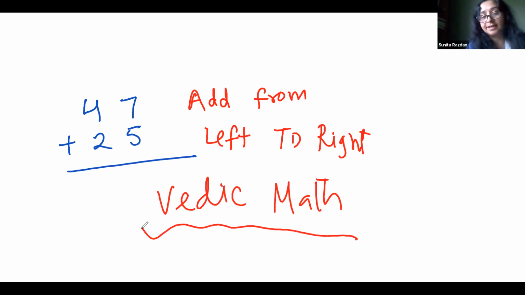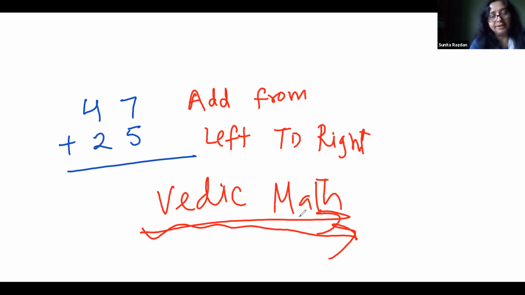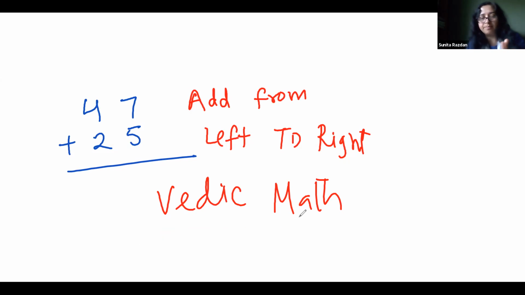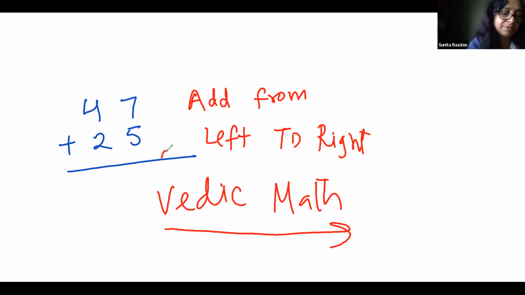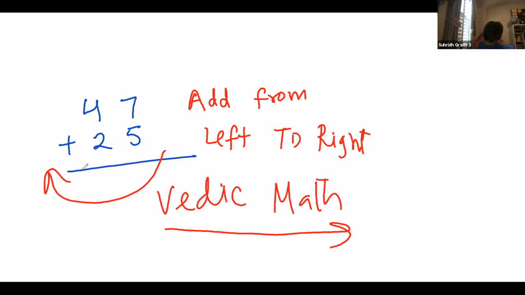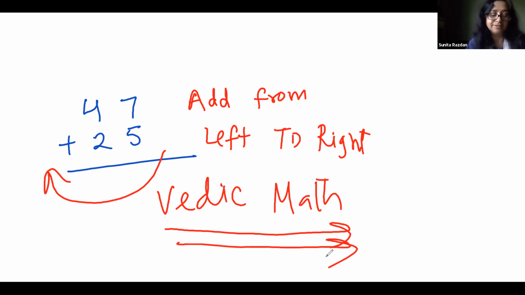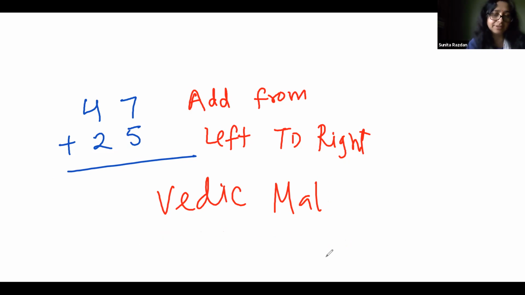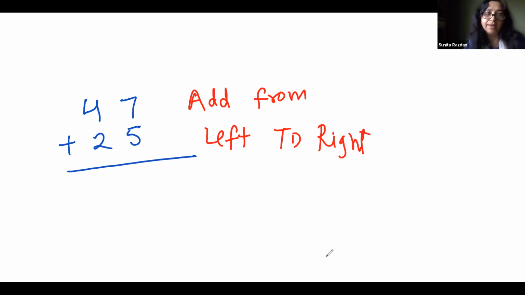From left to right, right? So our mind goes this way, usually. But now here we are doing it from this to this. So the mind works better in this direction, and that is why we have to divert the mind in that direction.